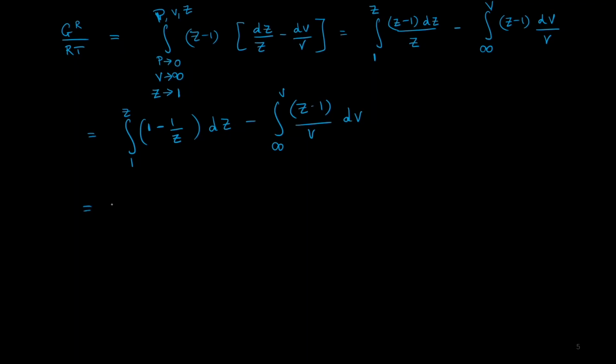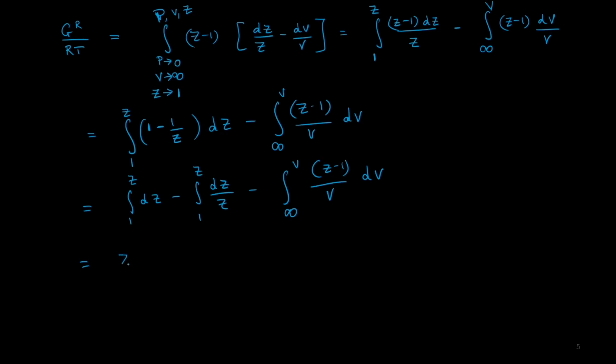Now, if you think about it, the first integral is the integral of 1 to Z dZ minus the integral of 1 to Z dZ over Z minus the integral from infinity to V, (Z minus 1) by V dV.